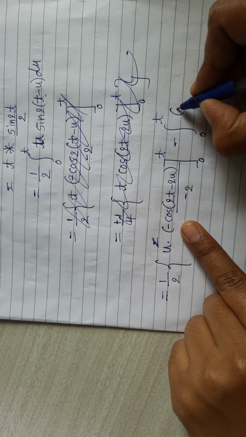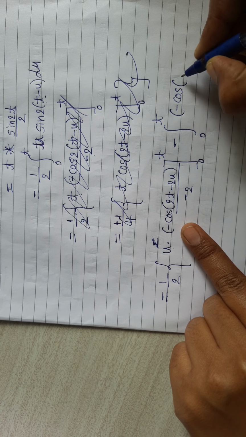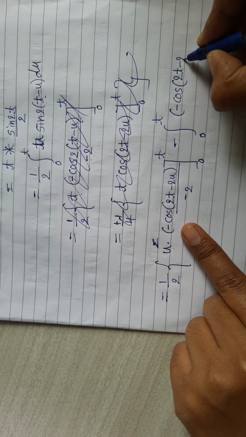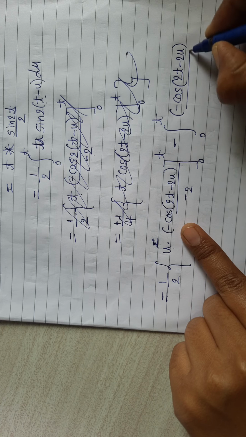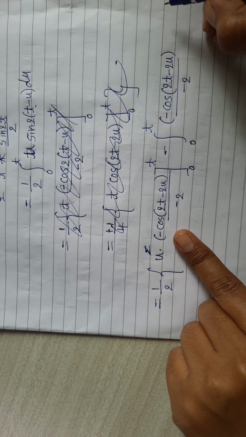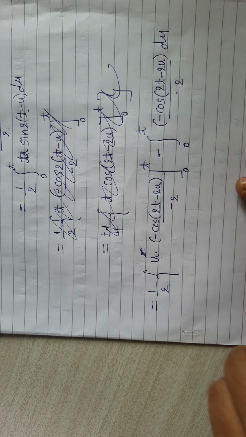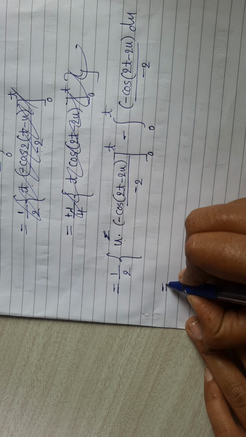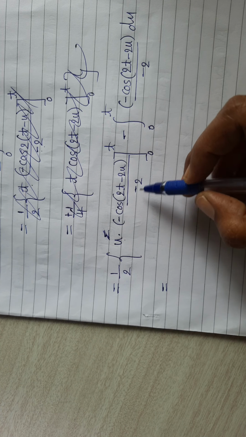So again write minus cos of 2t minus 2u divided by minus 2 into du. So this is equal to, take these 2 outside.